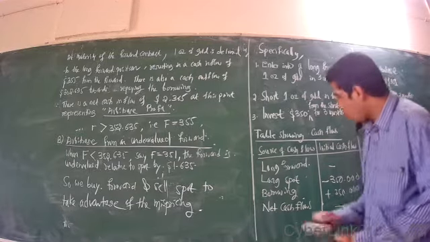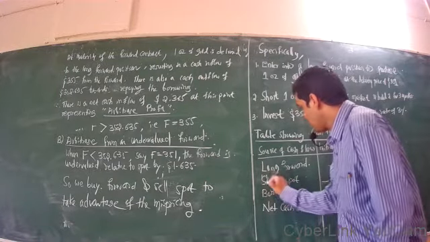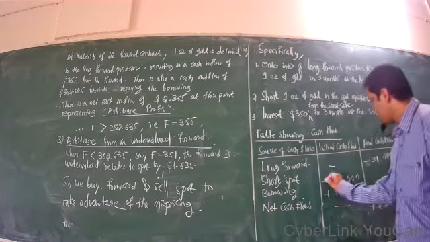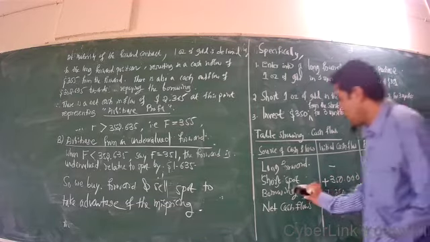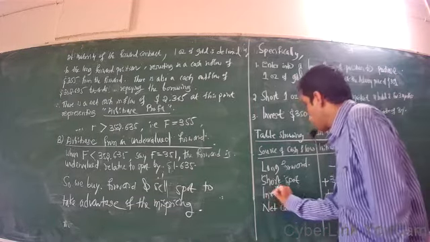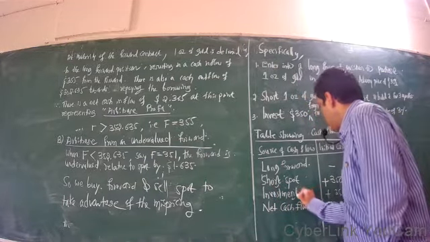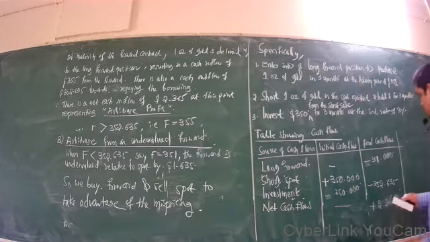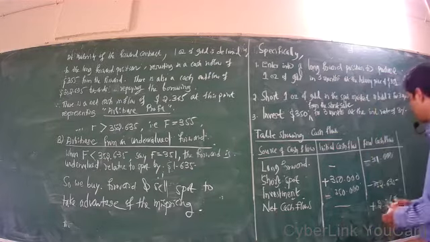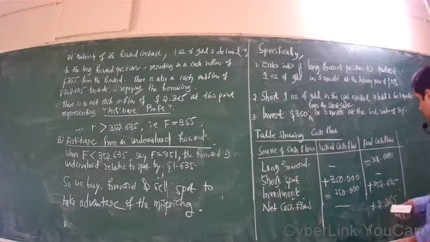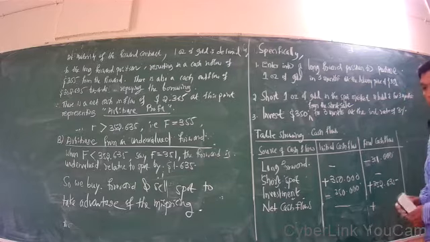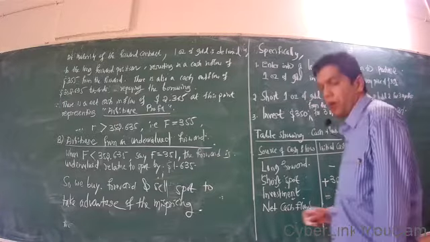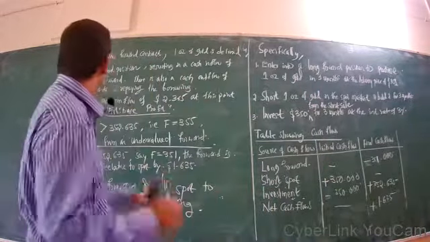Next, the short spot gives plus 350.000. Next, the investment is again minus 350.000, and here you get plus 352.635, and that difference is 1.635. 1.635 is the net cash flow.